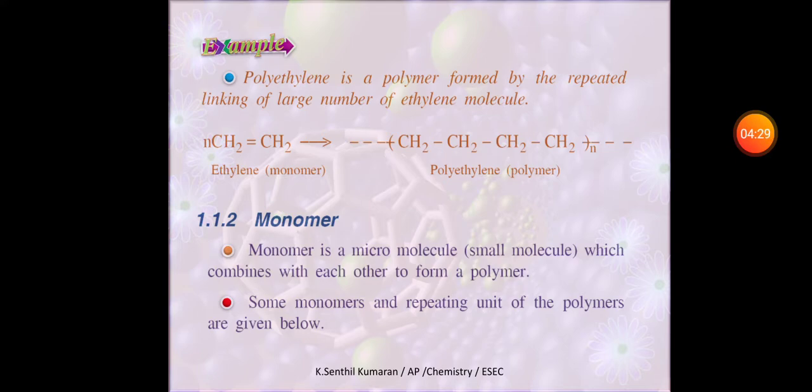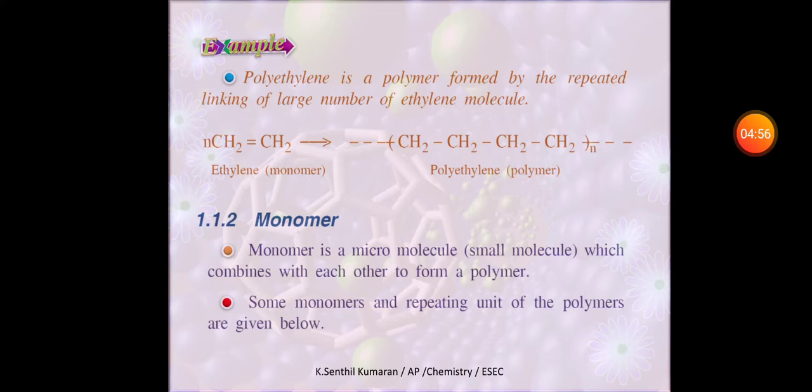Okay. Next we are going to the definition of monomer. A monomer is a micromolecule. Micro means small, which combines with each other to form a macromolecule, that is the polymeric molecule. So a monomer is the single unit present in the polymeric chain molecule.